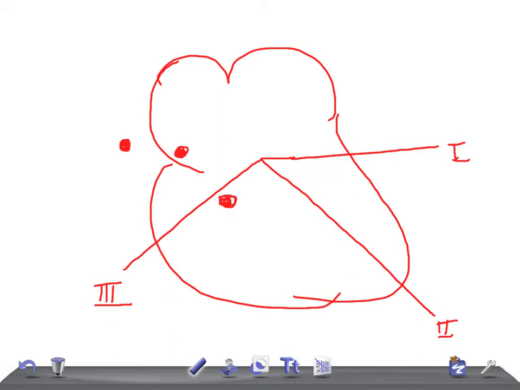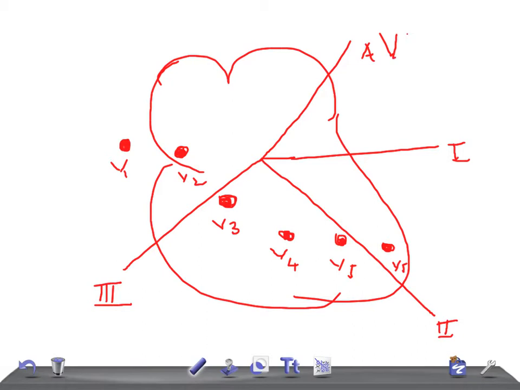This is not perfect, V1, V2, V3, V4, V5, and V6. Okay, may not be exact guys. And then we have the left shoulder, AVL.